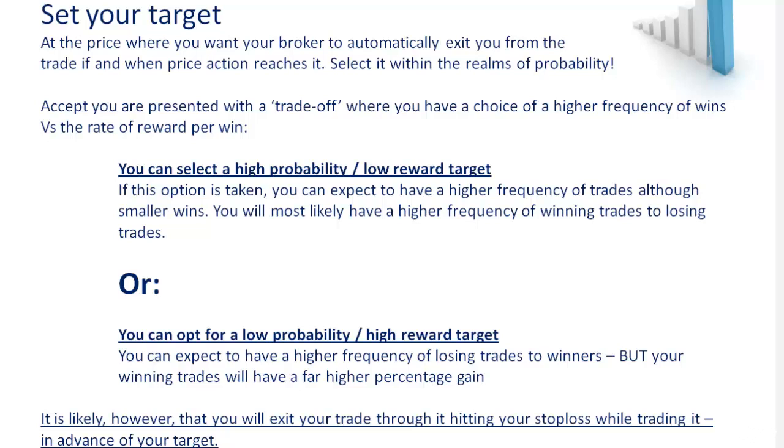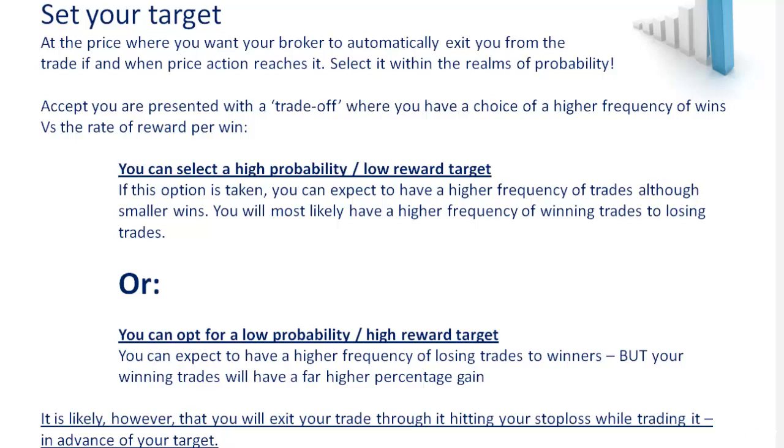Obviously, we want to select our target within the realms of possibility or probability, but we are presented with a trade-off, and I just want to ask you, what would you rather have? Would you rather have a higher probability, lower reward target profile, or would you rather have a lower probability, higher reward profile? It depends what kind of a person you are.